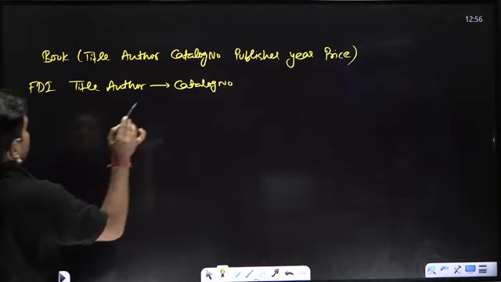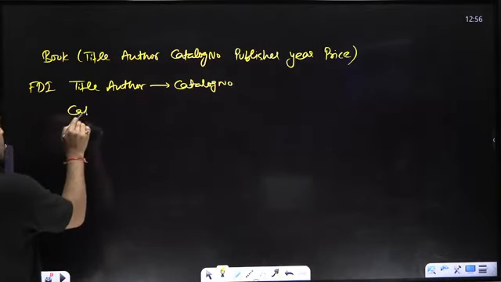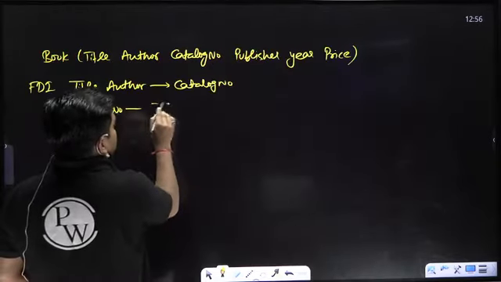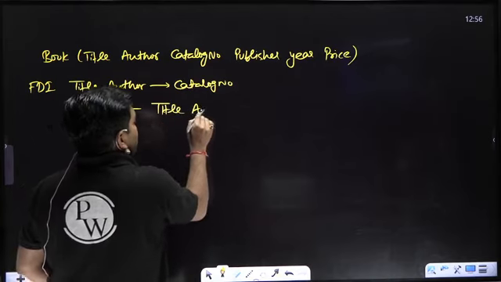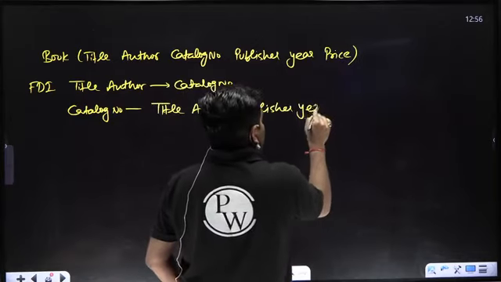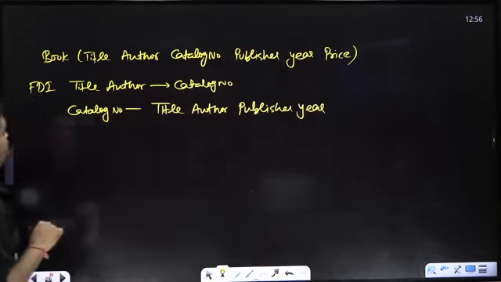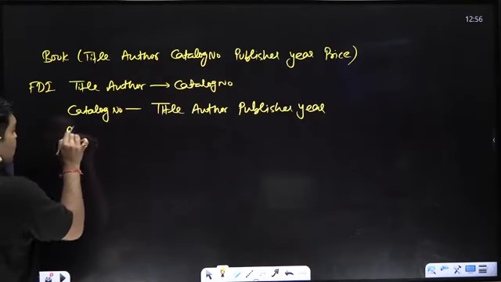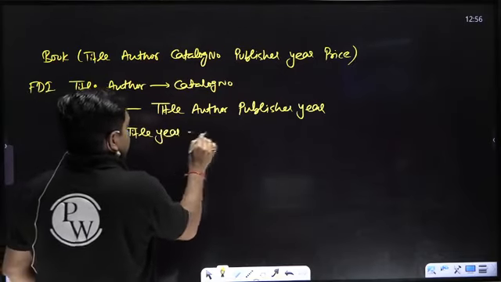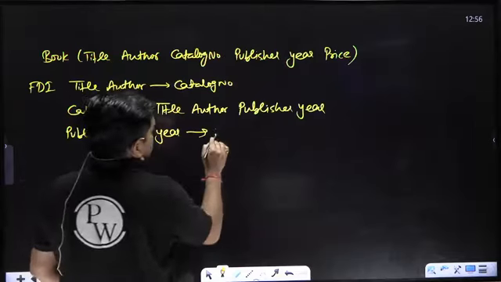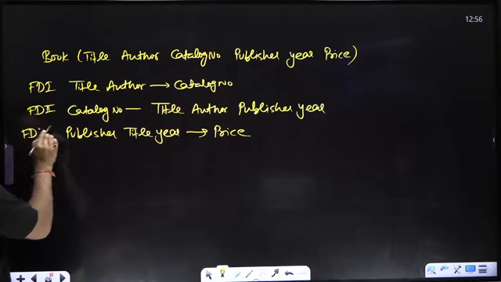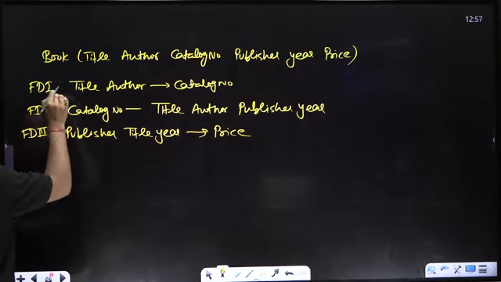Second FD is catalog number determines title, author, publisher, year. It is very interesting, beta. And third one: publisher, title, year determine price. These are FD first, second, and third.